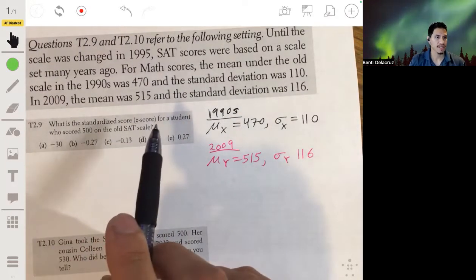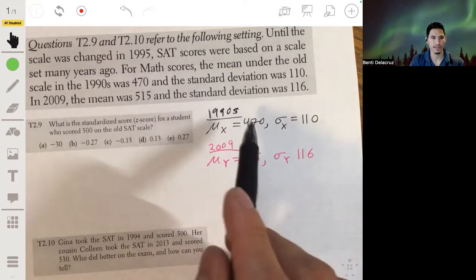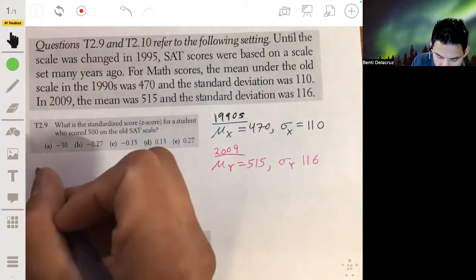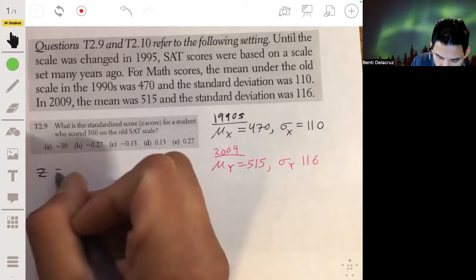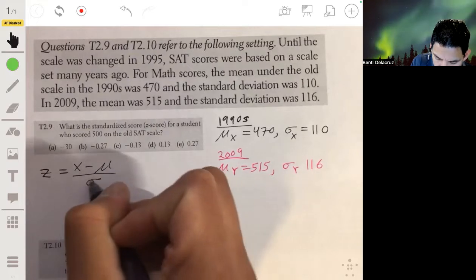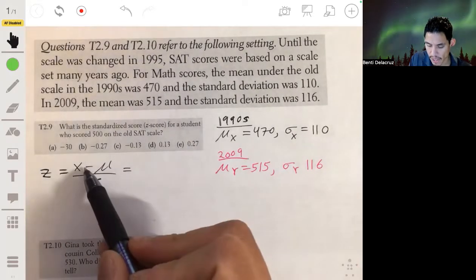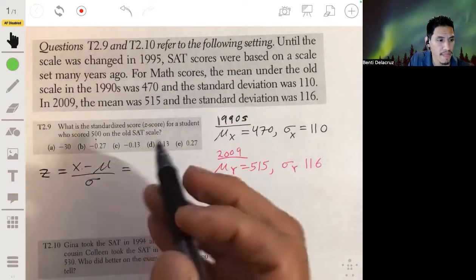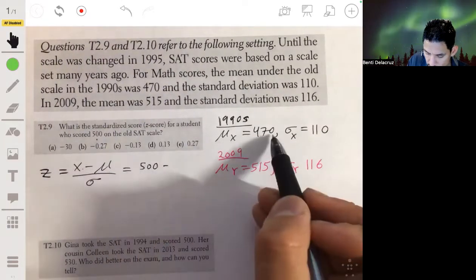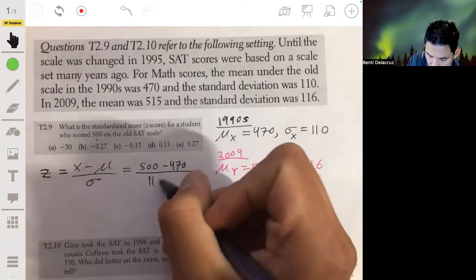So if we're going to find the standardized Z-score for a student using the old SAT scale, we're going to use these values. Let's remember that the Z-score is equal to the observation value X minus the mean, over the standard deviation. In this case, the X value was 500, the mean was 470, and the standard deviation is 110.